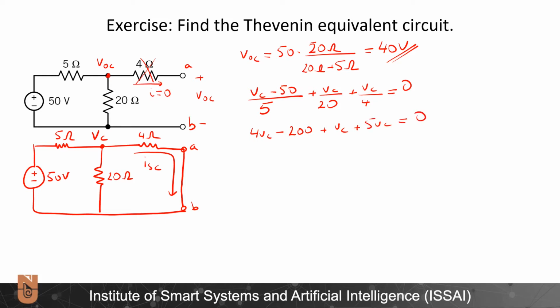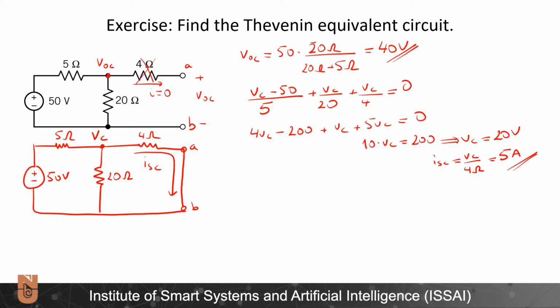From here I get 10VC is equal to 200 and VC is equal to 20 volts. And I short circuit accordingly will become VC over 4 ohms, which is 20 over 4, 5 amperes.